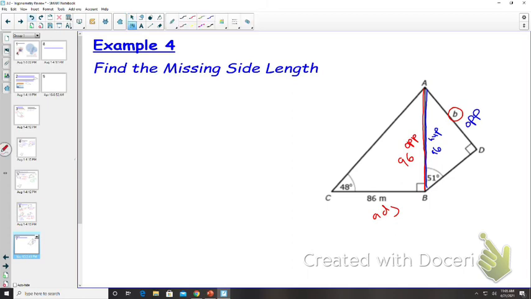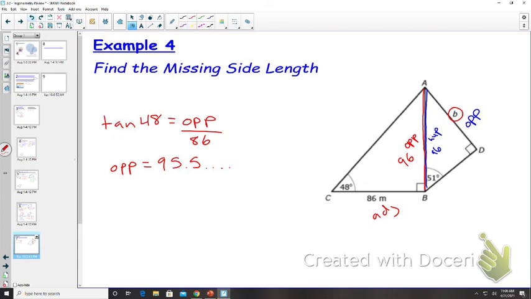Great. Just to summarize, for the first step we had tan of 48 is equal to opposite over 86. So we get opposite equal to 95.5 and decimals, I'm not rounding.